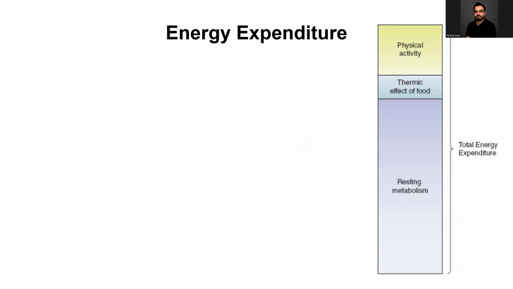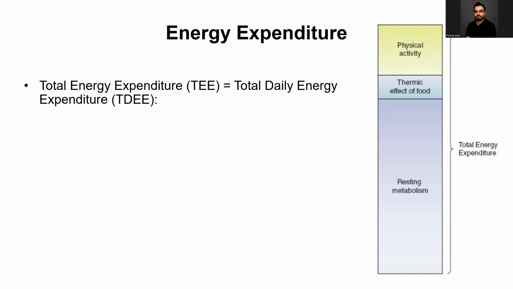And as I said, we have the energy expenditure. We have total energy expenditure over here. This is total energy expenditure or energy out. It's composed of physical activity, thermic effect of food for digestion, and we have resting metabolism.